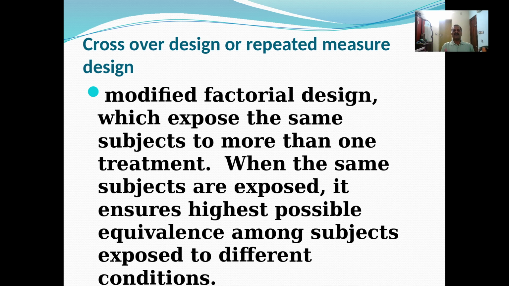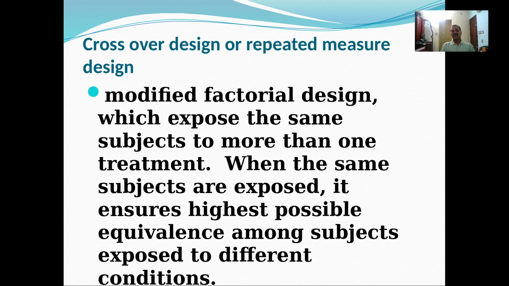For example, if you are taking 50 students in this classroom, we will not divide them into 25 and 25. The same 50 we expose to different temperatures and different periods of time, and the same subjects will be exposed to lighting also at different periods of time.